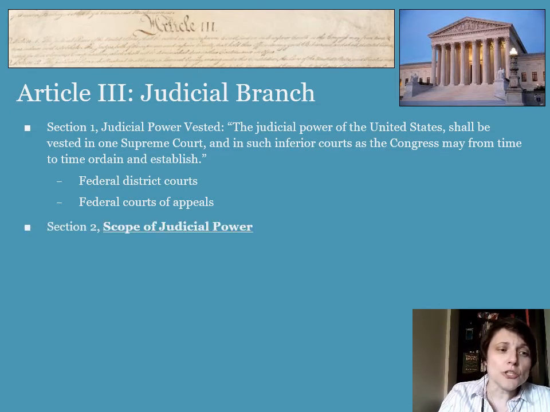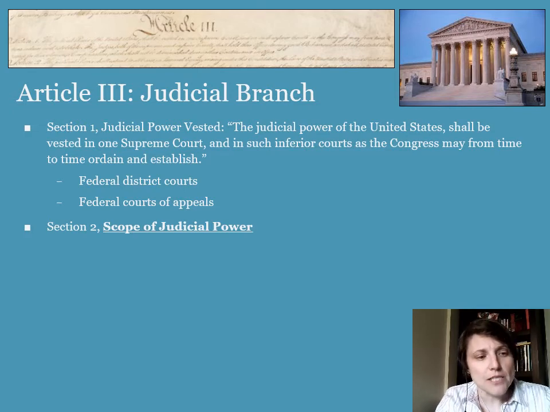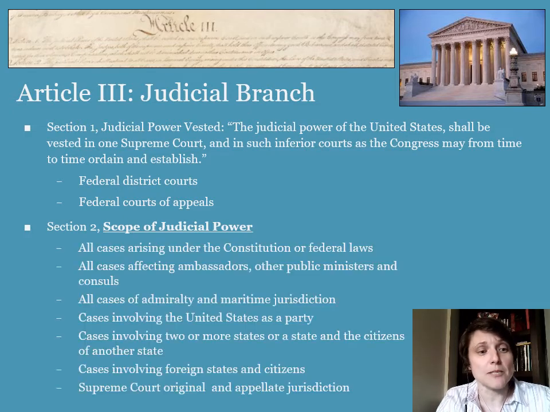Article 3 also sets forth the scope of the Supreme Court's authority. So the Supreme Court has the ultimate say when it comes to cases that arise under the Constitution, cases that involve the United States as a party, as well as admiralty and maritime cases.